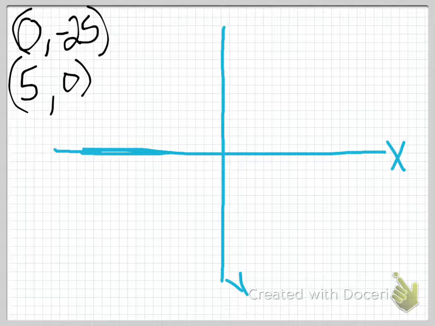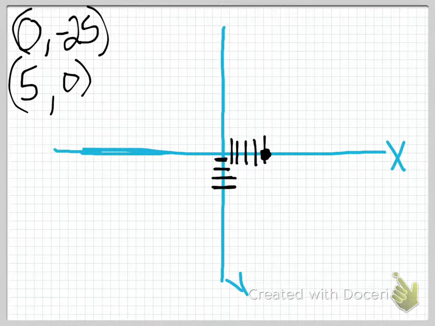1, 2, 3, 4, 5. And then I'm going to go to 0, negative 25. I'm going to count by 5s on here because I don't have 25 spaces. So let's count by 5, 10, 15, 20, negative 25.